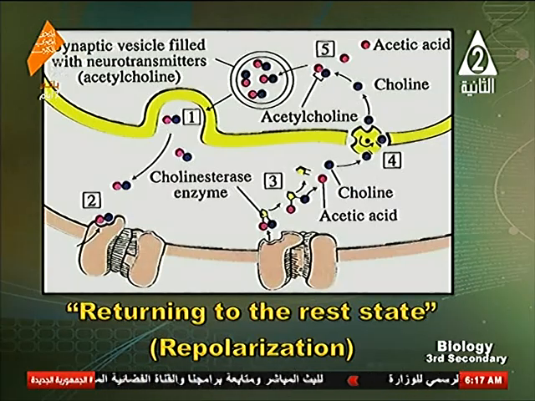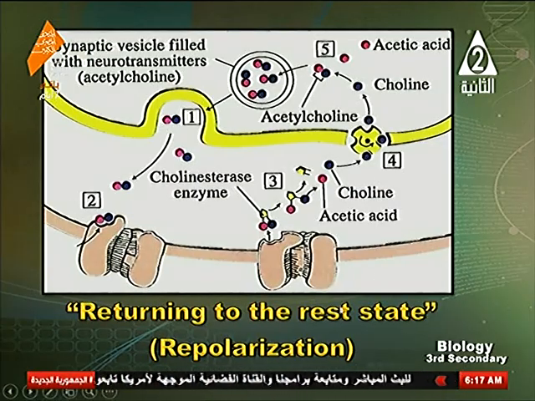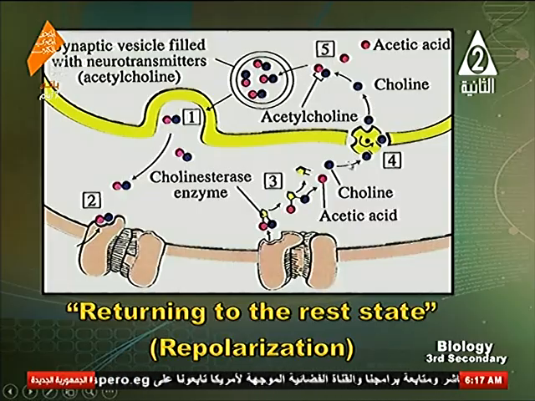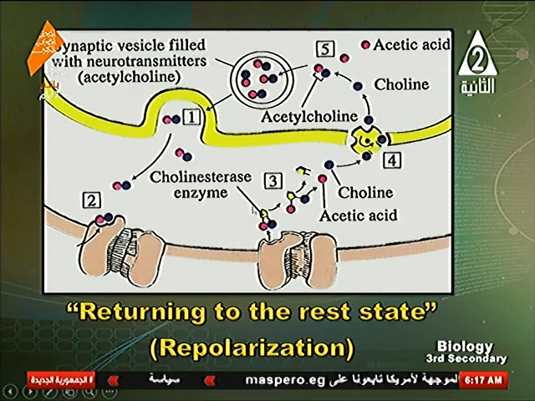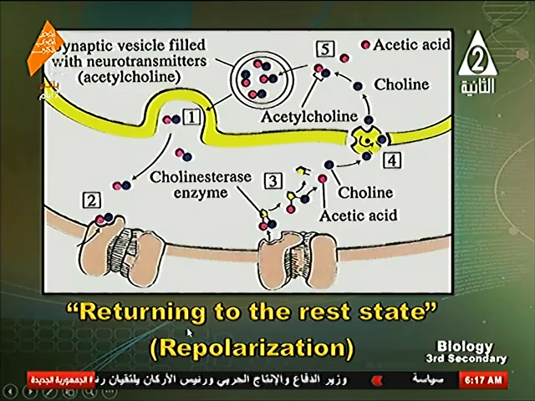Repolarization, or returning to the rest state. This is called the repolarization state. After a part of a second, the potential difference of the muscle fiber membrane returns to normal, which is called repolarization, returning to the rest state.